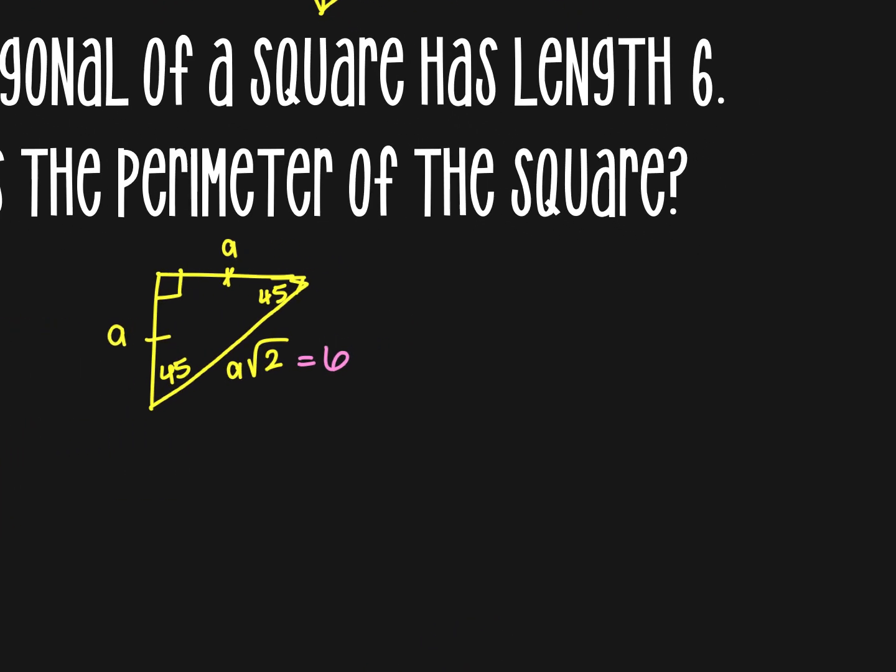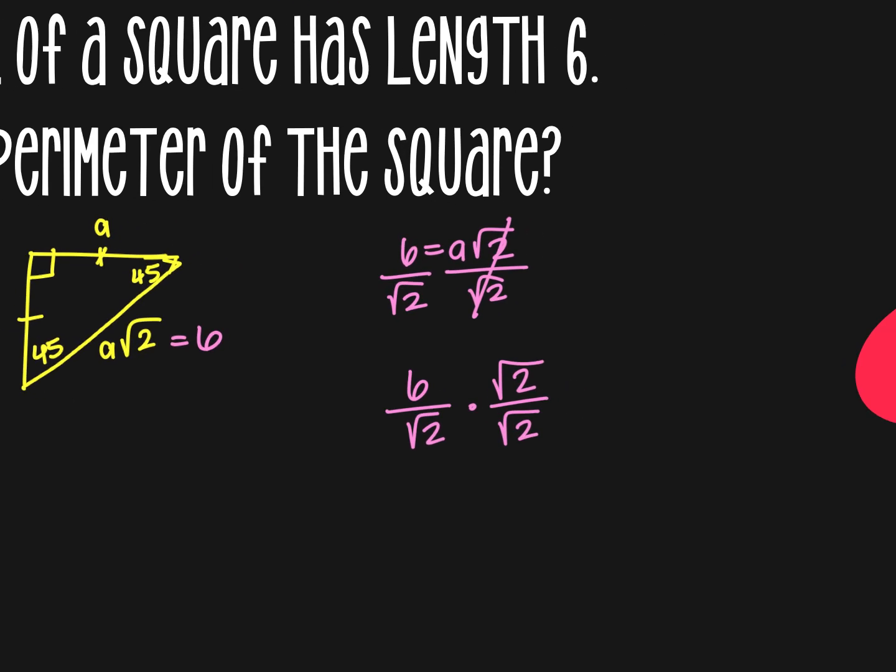So solving for A, I'm going to have 6 equals A radical 2. Trying to get A by itself, I'm going to divide by the square root of 2. These are going to cancel out. I have 6 over the square root of 2. I have to rationalize my denominator. I cannot have that square root as my denominator. So I'm going to multiply top and bottom by the square root of 2.